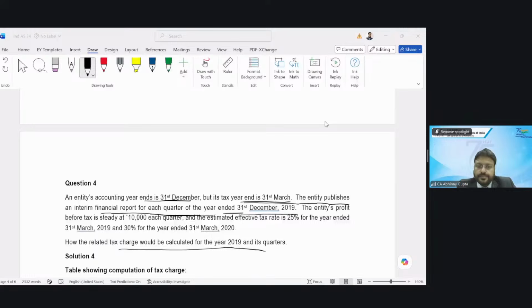Okay. Manish, you are also trying it. For Q1 to Q3, 19-20, the tax rate is 30%. Hence, 3,000 is the tax expense for each of these quarters. Okay.